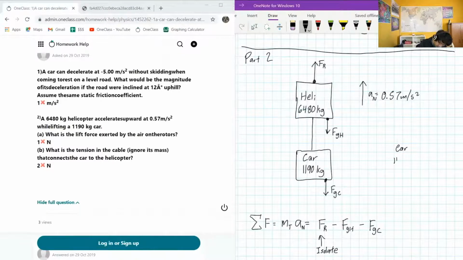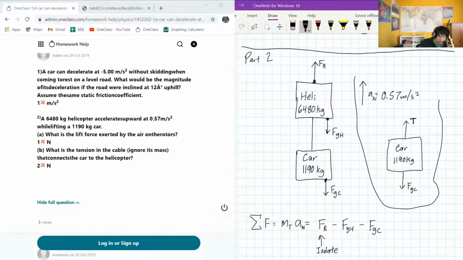We know the car is going to be 1190 kilograms. Just looking at the car itself, we have a tension force going upwards, and we have our gravitational force, FG car, going downwards. And we know that our net acceleration is also going to be that a_net value of 0.57.